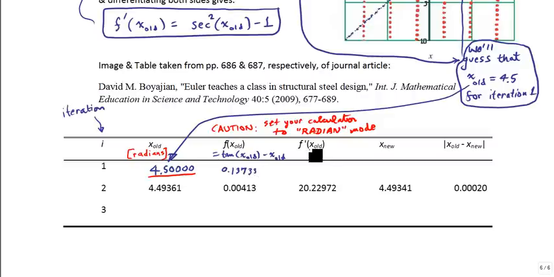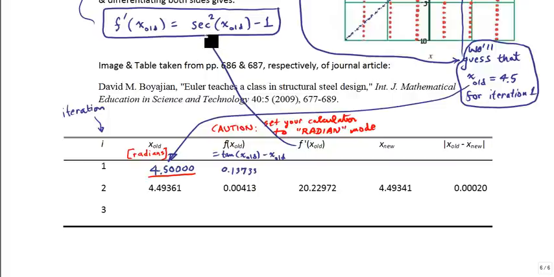And f prime of x old is up here, so let me not take time to rewrite that. It's right over here. And then if you stick in 4.5 again in radian mode in your calculator, now secant, you'll probably remember that secant is the inverse of the tangent.